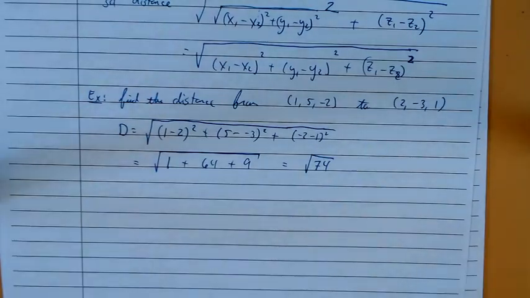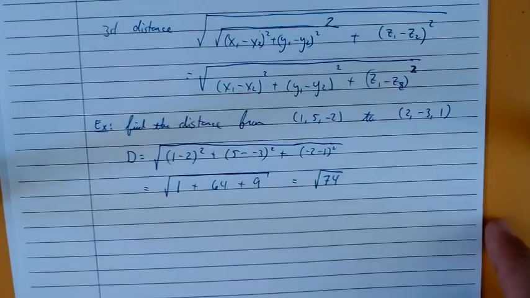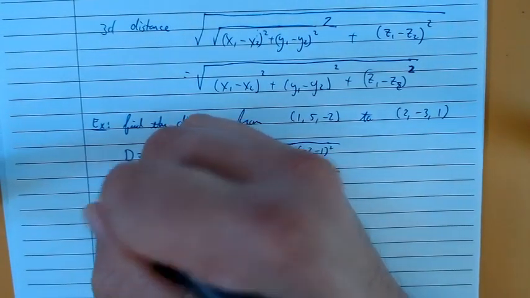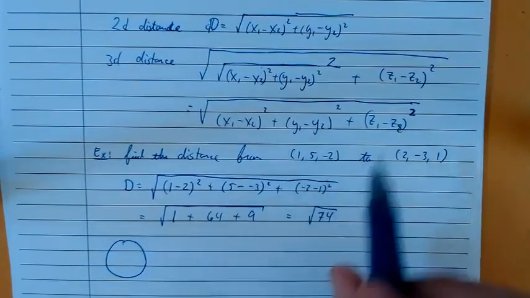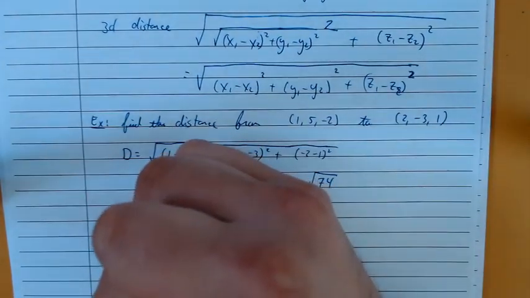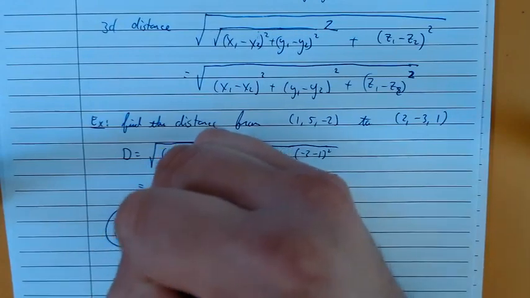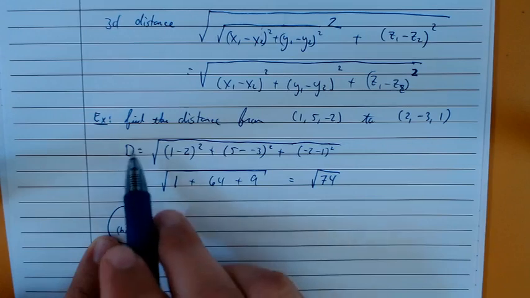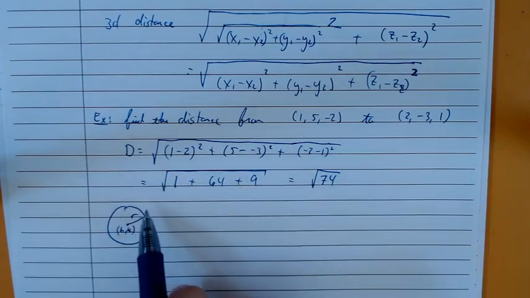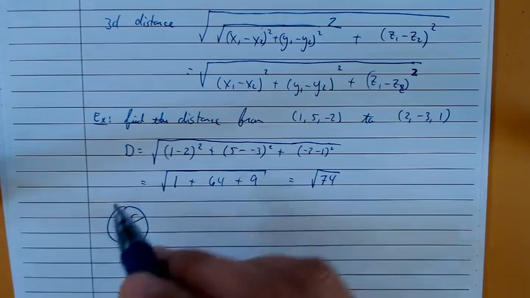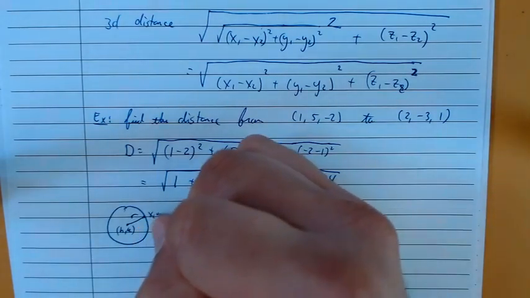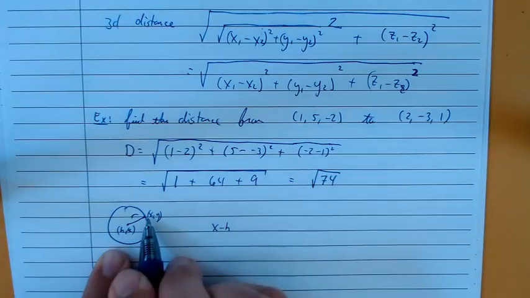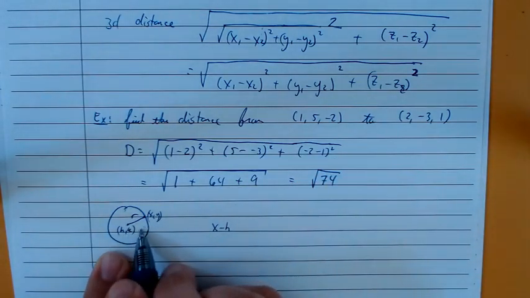One thing to note is that in 2 dimensions, the equation of a circle comes directly from the distance formula. If you have a center, h comma k, and you have a radius r, then that radius, that distance, is a constant given by the distance from any point on the outside to the center. If you call a point on the outside x comma y, well then x minus h is the distance across the x-axis.